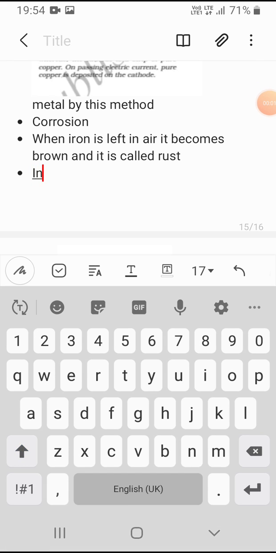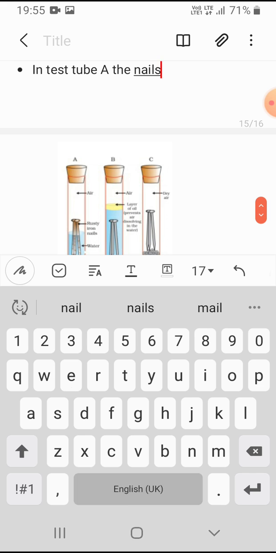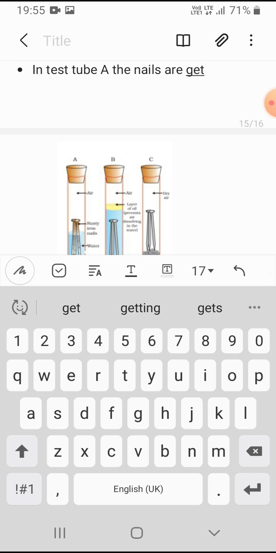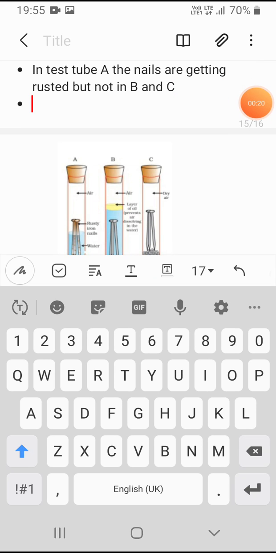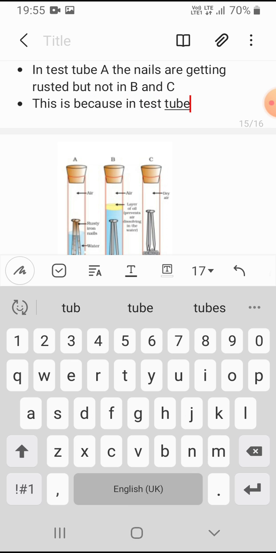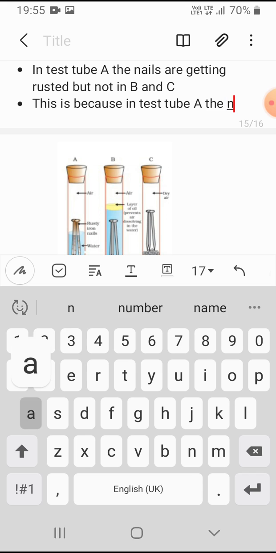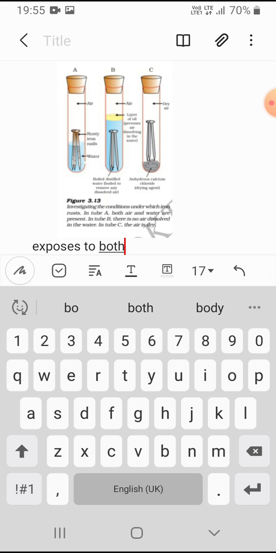In test tube A, the nails are getting rusted, but not in B and C. B and C are not getting rusted because in test tube A the nail is exposed to both air and water.